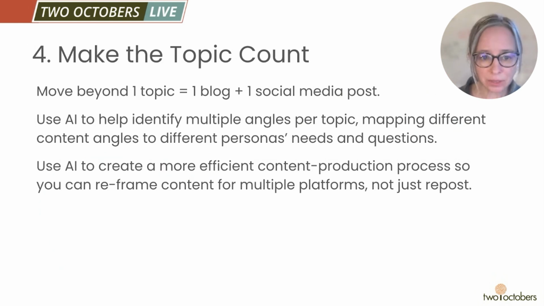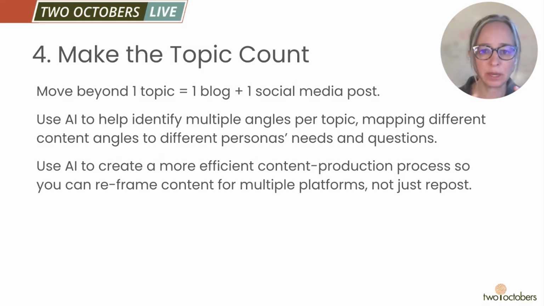When you select a topic, it's really important to make the topic work harder. We're not going to write a blog, post it on social media, and call it done. This is another place that we find AI to be particularly useful, is helping us to merge a couple ideas. So take this topic idea of what's the return on investment time for purchasing this product.